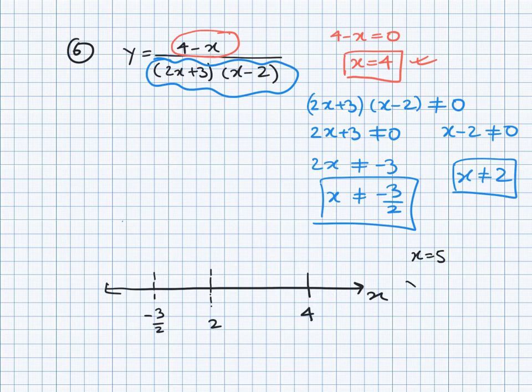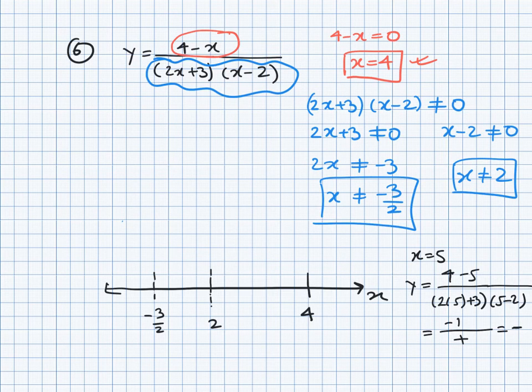And substitute: y is equal to 4 take away 5, over 2 times 5 plus 3, times 5 take away 2, and the denominator should give you 10, that's positive, and the numerator is going to be a negative number. So the final answer would be negative.